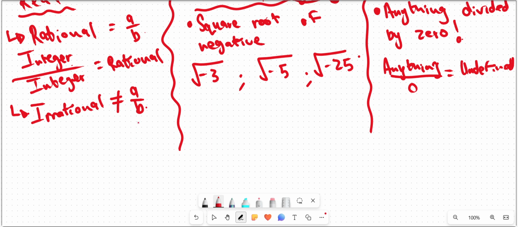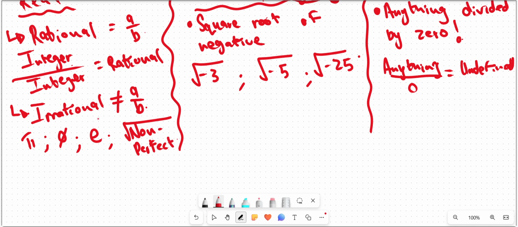They cannot be represented as fractions, and these include your mathematical symbols that you know, pi. There is the golden ratio there as well. There is e, and any square root of a non-perfect square will also be what we call irrational.